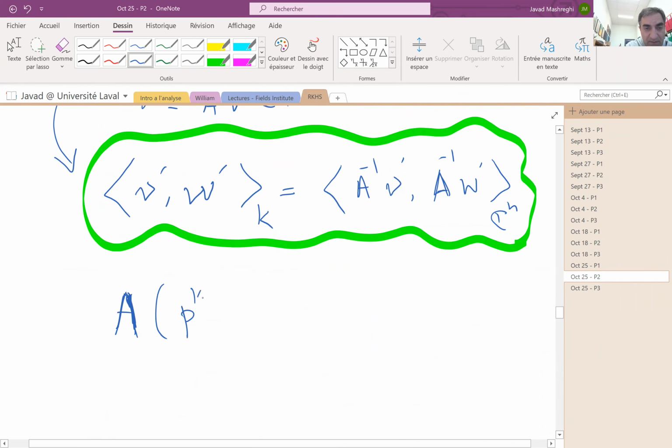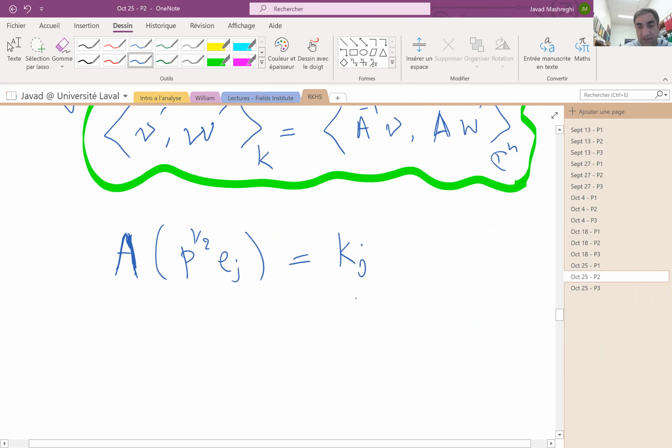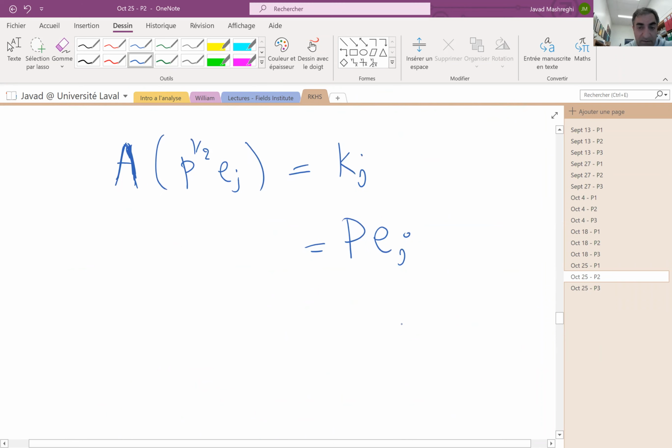That was the defining property of A. On the other hand, we know that K_j is P applied to e_j, it's the j-th column of P. And instead of P e_j, I write P^(1/2) e_j. So we have two matrices, A and P^(1/2), and they coincide on these elements.